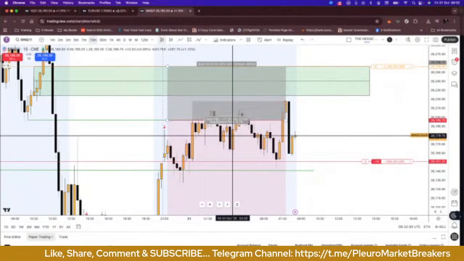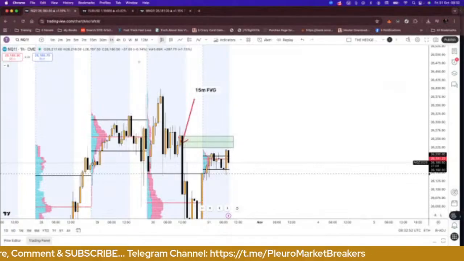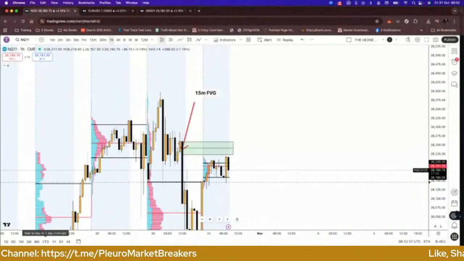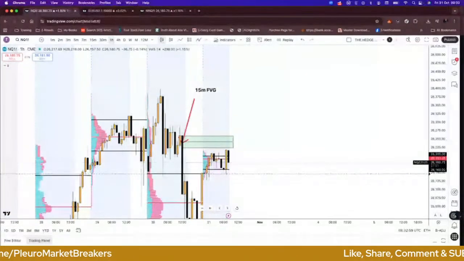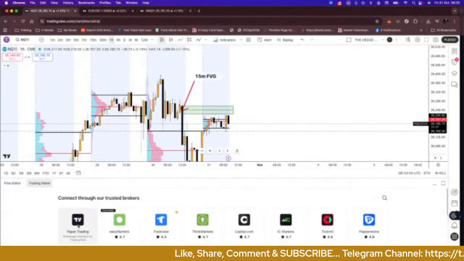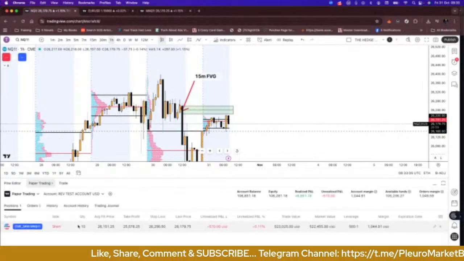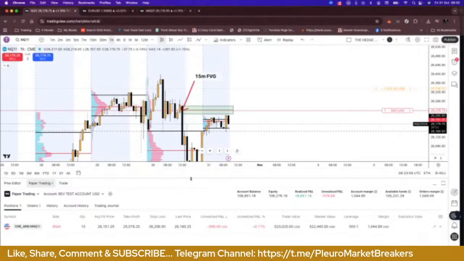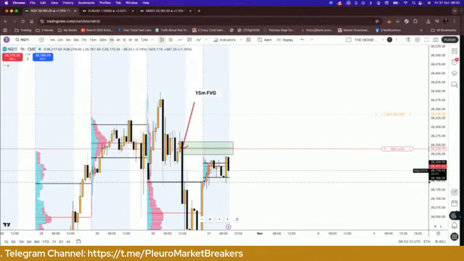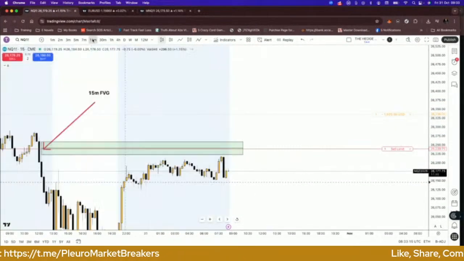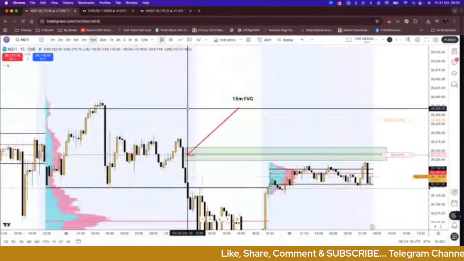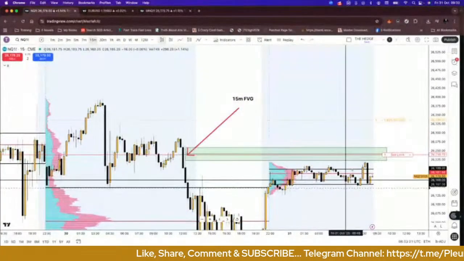Okay, so let me show you this on another chart. Now, I do have a pending entry, or limit entry, on the sell limit on the mini futures that I set for basically the middle of this fair value gap.